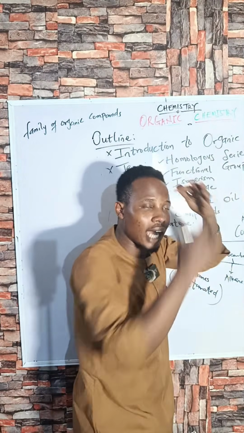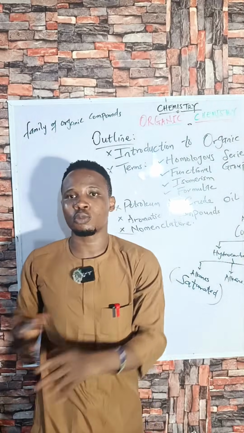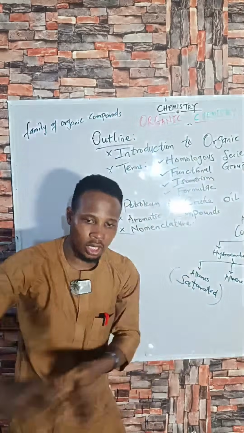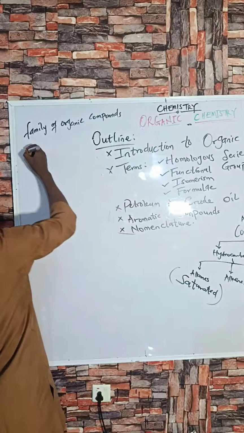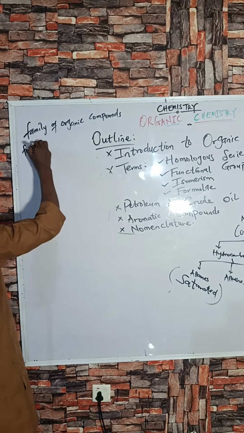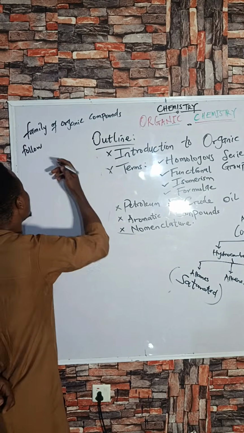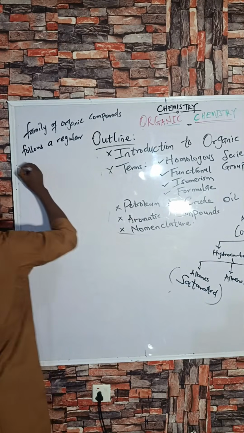It is similar. And then by the time you see the firstborn, the secondborn, the thirdborn, the fourthborn, they have something in common. That is what we mean by following a regular structural pattern. So the family of Mr. Ajanle Koko follows a regular structure of having a big nose.